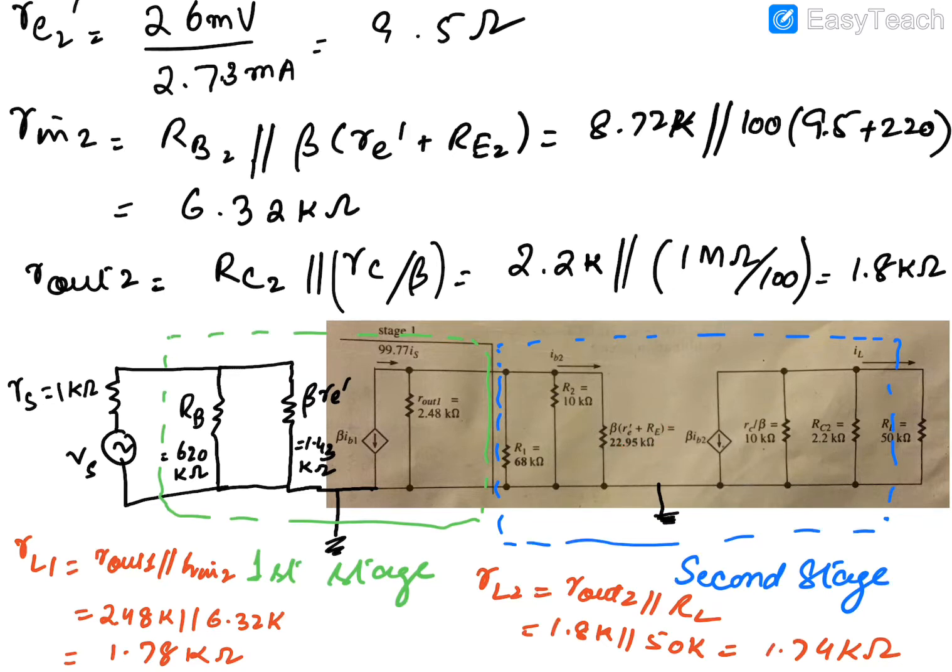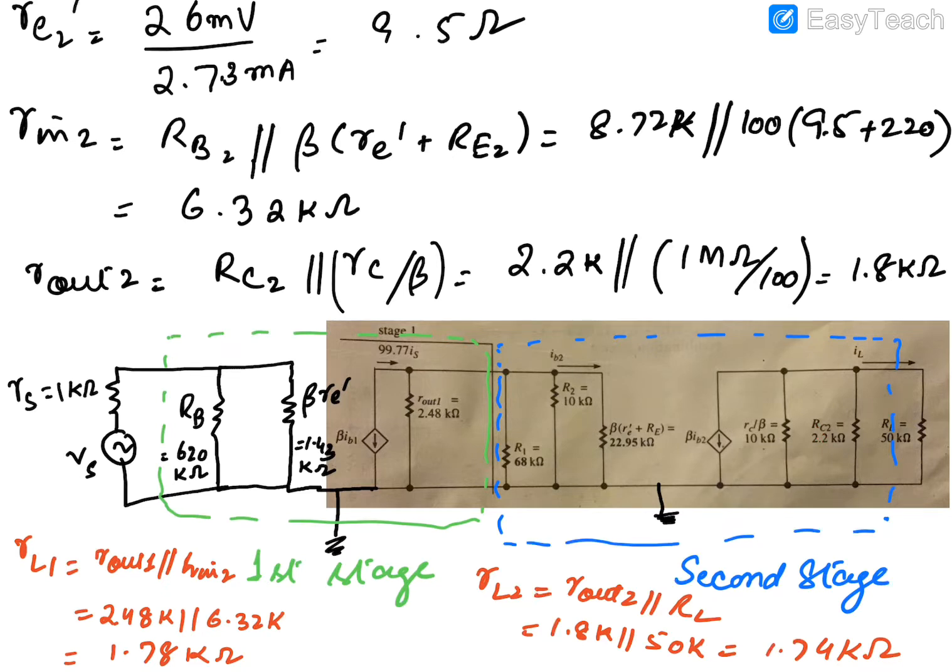This is RE2 in parallel with R2 and R1, and on the output side is rc over beta in parallel with RC2, the collector resistance of the second stage, and RL.